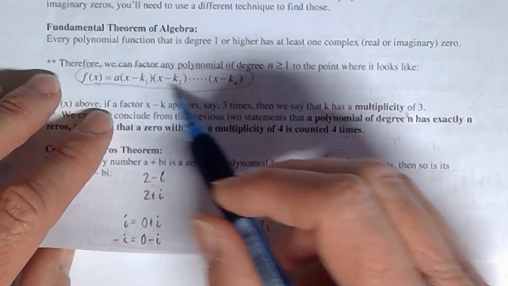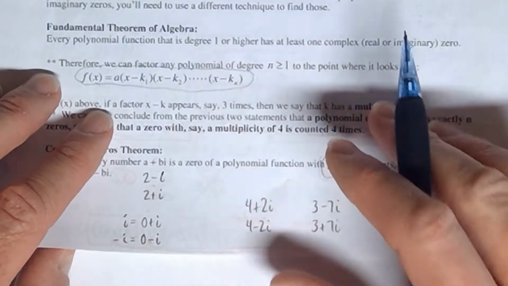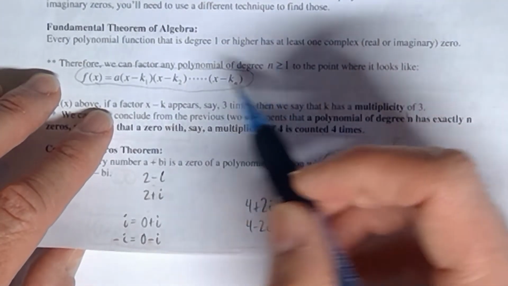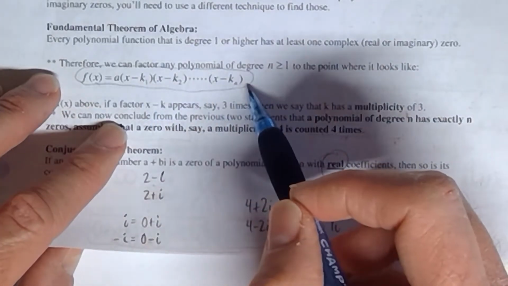And this includes the possibility of some of them having a multiplicity. Like, for example, that problem where we had a multiplicity of 3, you'd have to have 3 of those in here amongst all of these.